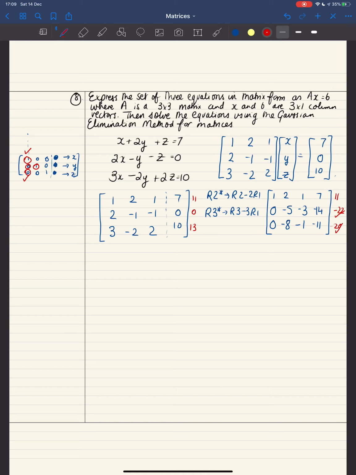The next thing to do is get the 1 in the middle. So we can say the new row 2 is going to be the current row 2 divided by minus 5. It's 1, 2, 1, 7, 0, 1, 0.6. Minus 3 divided by minus 5 is 0.6. Then minus 14 divided by minus 5 is 2.8. And this stays as it is at this stage.